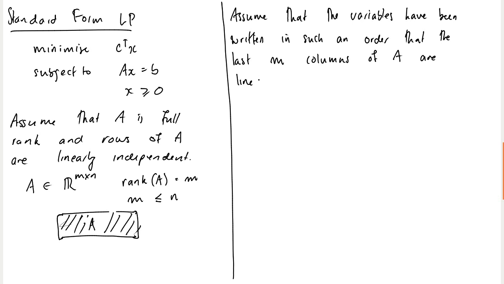We can always do that just by, instead of writing x1, x2, x3, changing the order around so that we guarantee that the last m columns of our matrix are linearly independent.